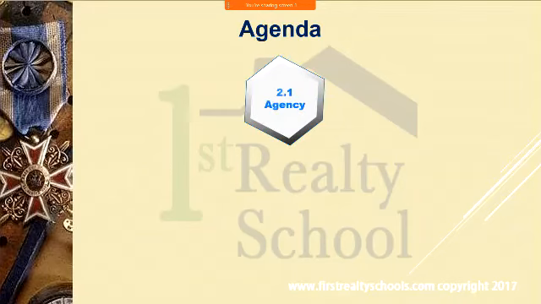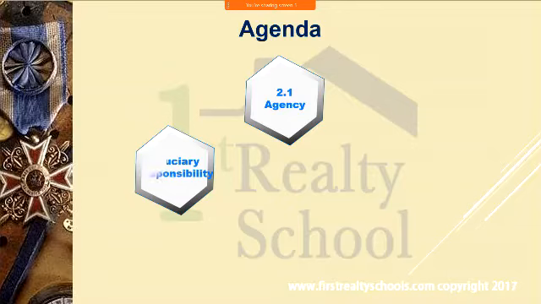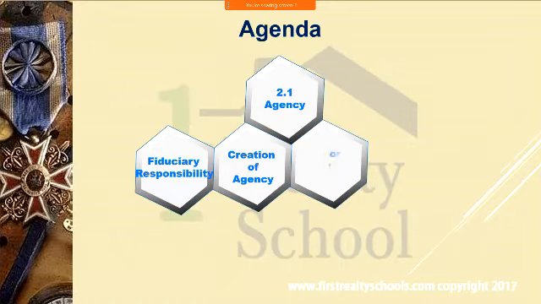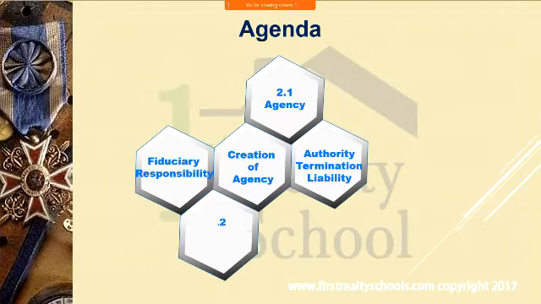Okay, 2.1, we'll talk about agency, and it involves so-called fiduciary responsibility. Then we're going to talk about creation of the agency and the authority, termination, and your liability as an agent.